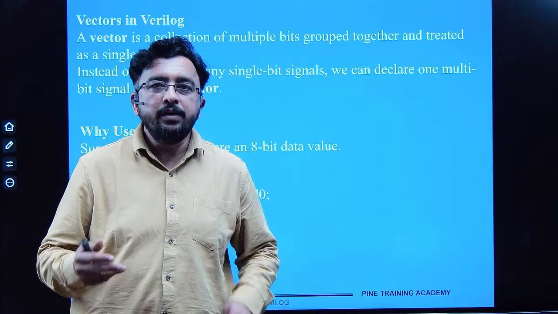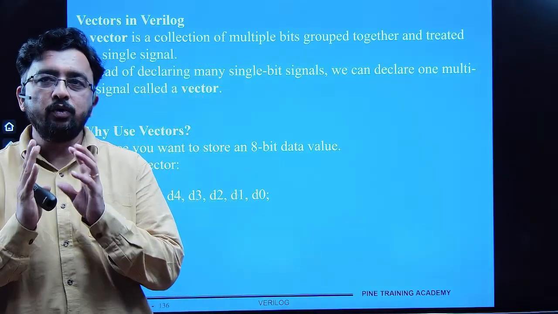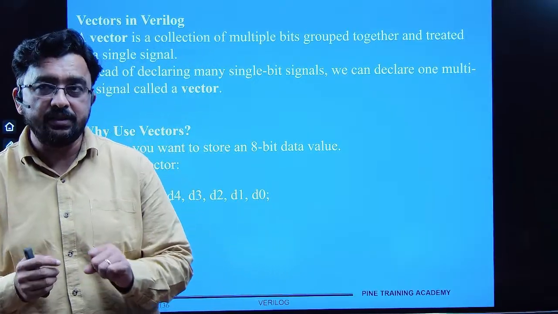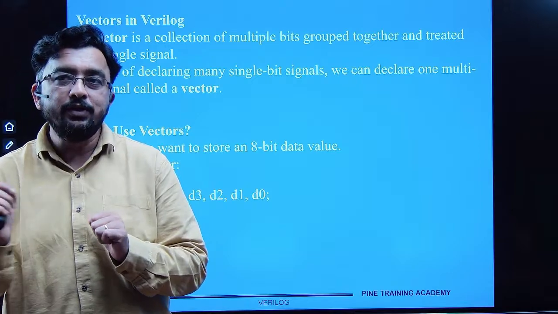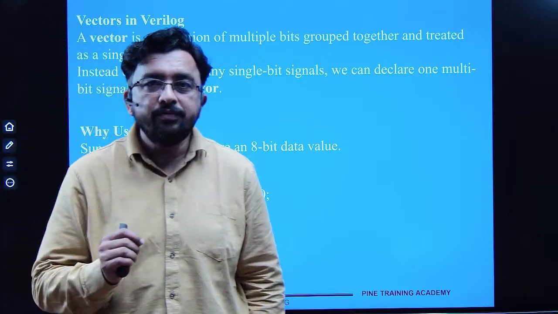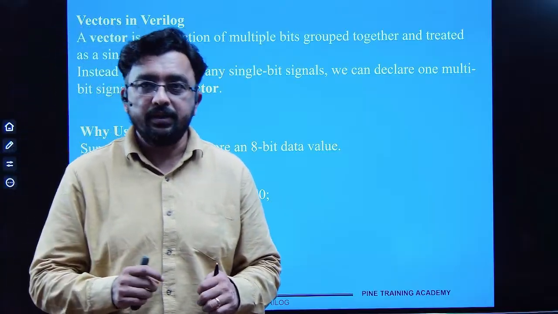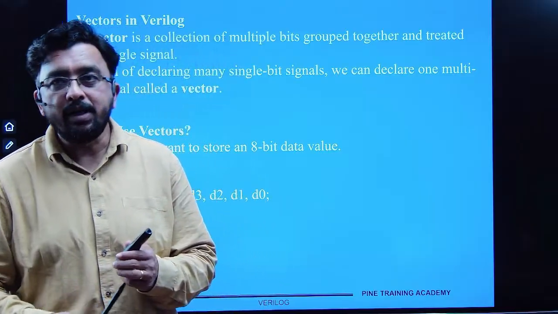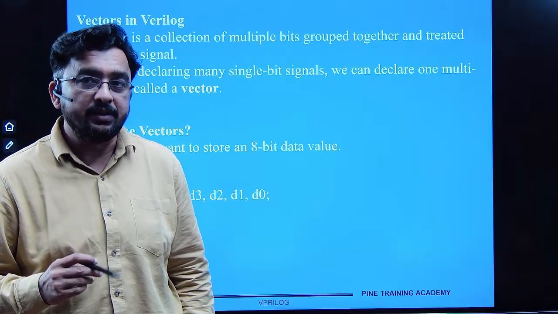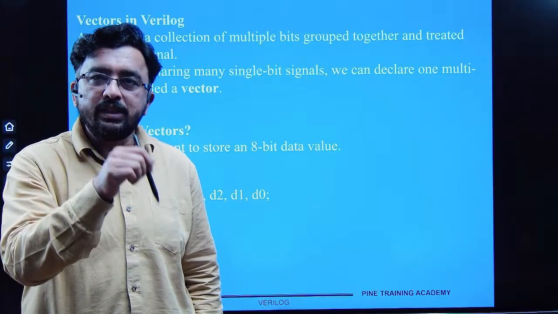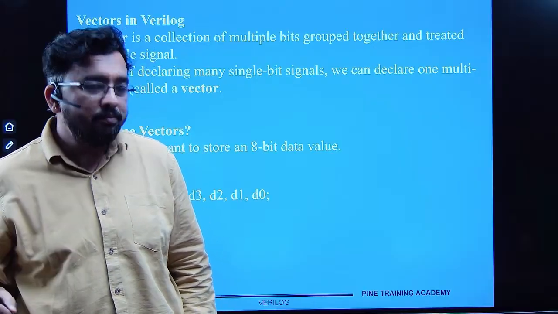The input will be a group of binary bits like 0010, 11001. Anything formed as a group of bits is called a vector. In schematic design we call this a bus, where on a single line we add multiple bits.